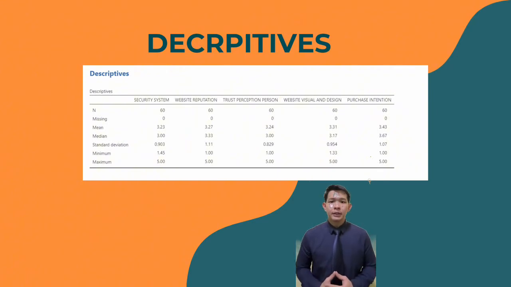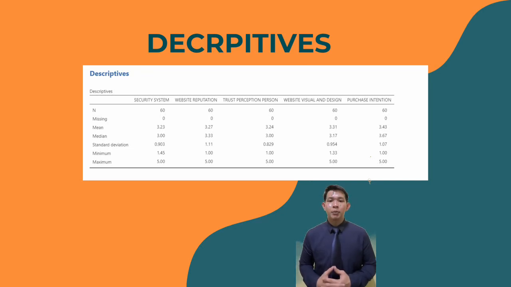The first construct is security system. The mean value was 3.23 with a standard deviation of 0.903. This indicates that respondents generally had a moderate level of agreement regarding the importance and effectiveness of the security system in this website.